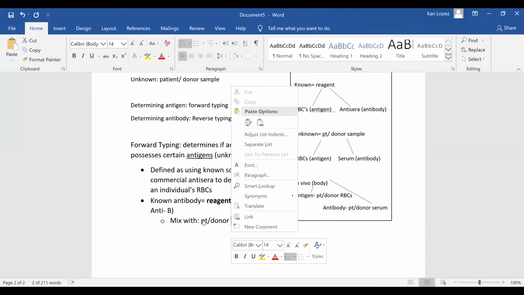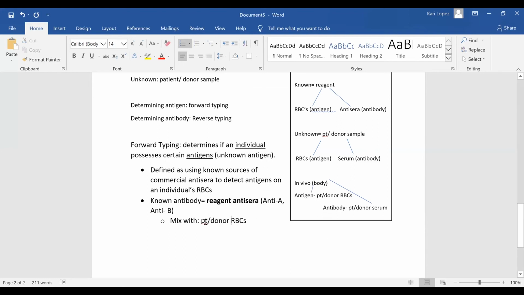That way you can picture it in your head when you're doing your labs, so that you have the correct material that you're using. So for forward typing, we're going to take our reagent anti-sera and mix it with our patient or donor red blood cells, which is our unknown antigen.